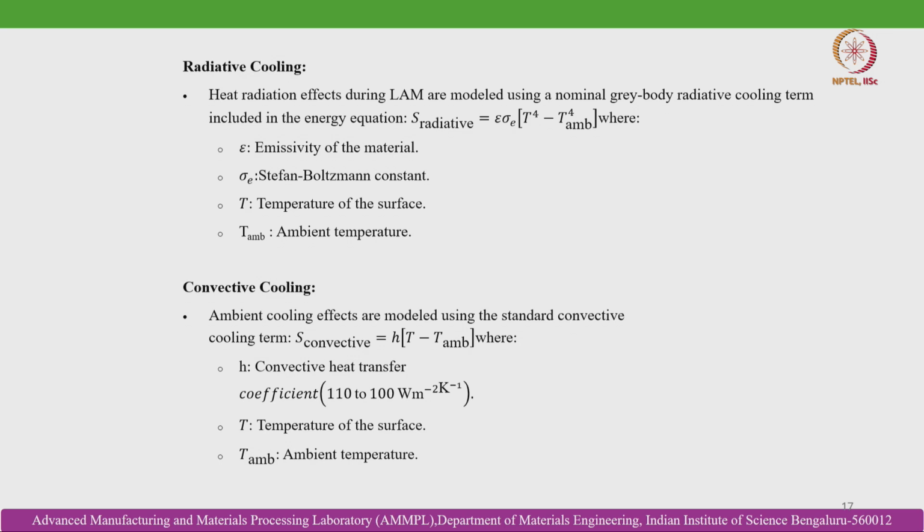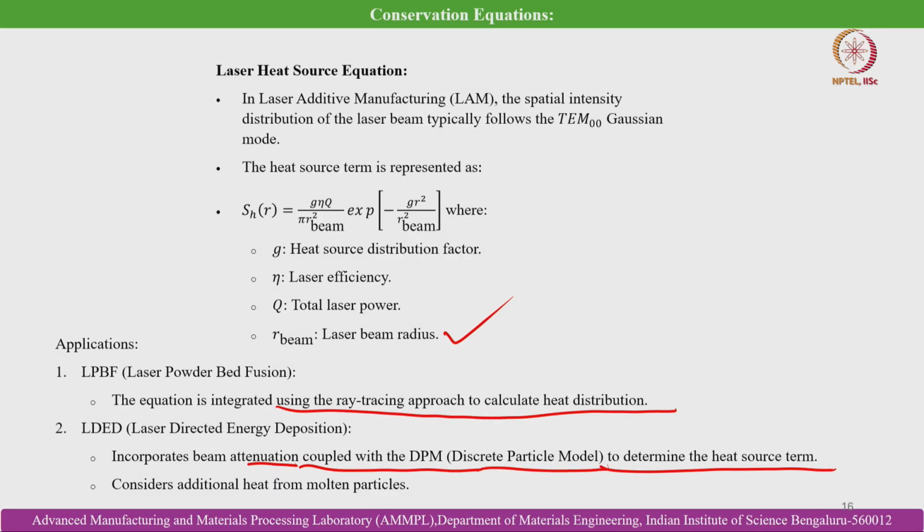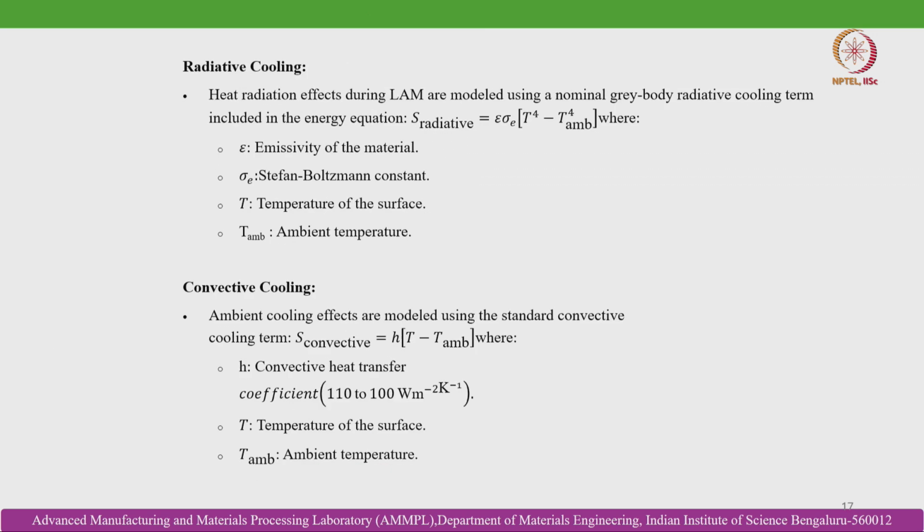The heat radiation effects during laser additive manufacturing are modeled using a nominal gray body radiative cooling term included in the energy equation, as we have seen in the previous equation. This is the heat source term in the energy equation, SH, and with that these cooling terms are also present.